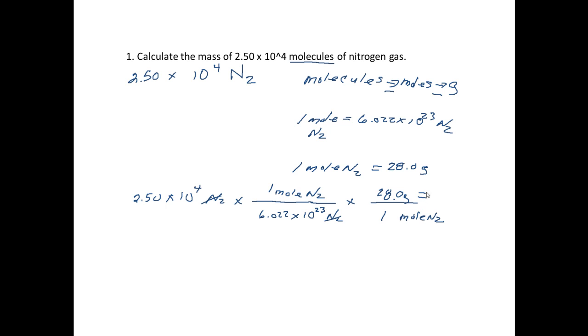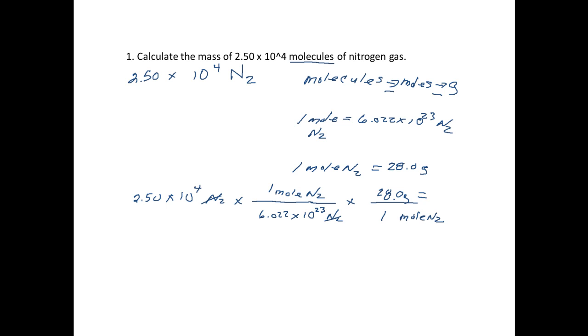All right. So let's get the calculator and take 2.50 exponential to the fourth, and divide that by Avogadro's number, 6.022 exponential 23, and then multiply that by 28.